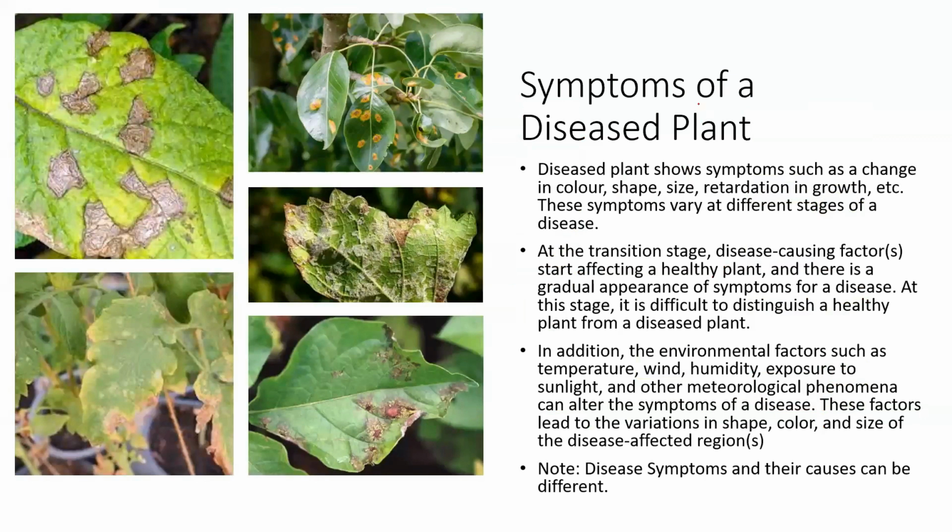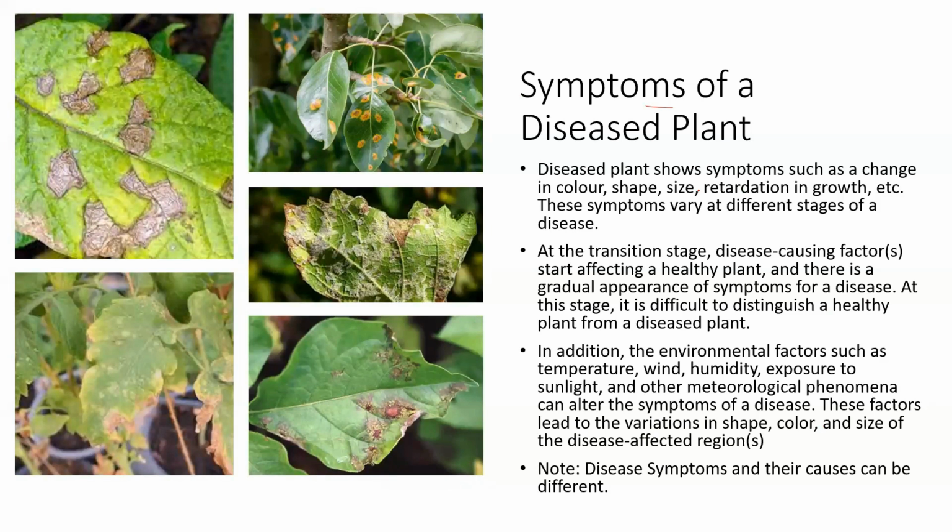And whenever we are talking about the symptoms of a diseased plant, the leaf is very important. Whenever we are discussing a plant disease detection system, in most cases our focus is on the plant's leaf, not on the plant stem or the roots.